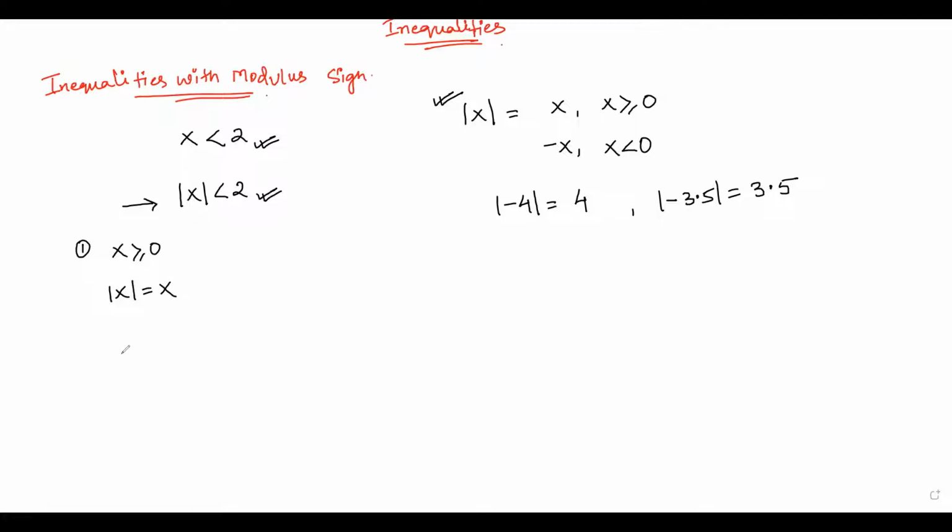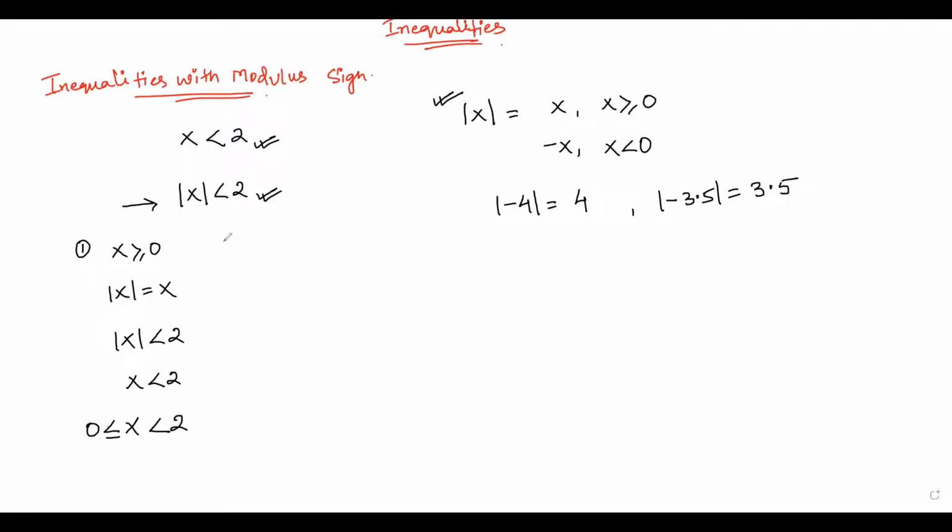So mod of x less than 2 can be written as x less than 2. So in this case, when x is greater than or equal to 0, all values which are lesser than 2 would be satisfying this mod x less than 2. So from here we can say that x would be lying between 0 and 2, including 0 but excluding 2.